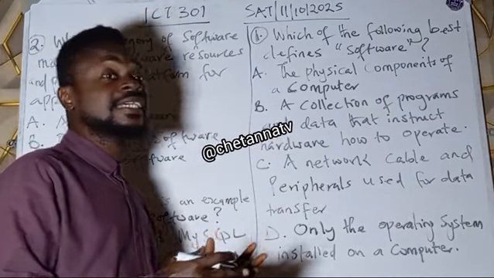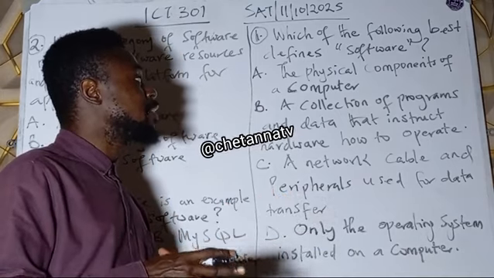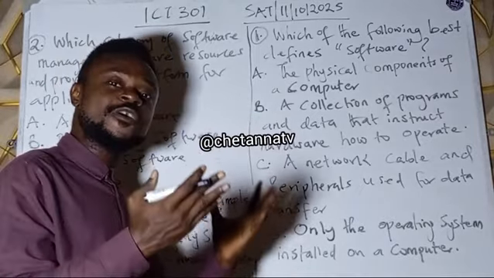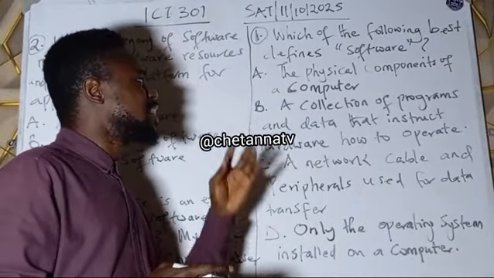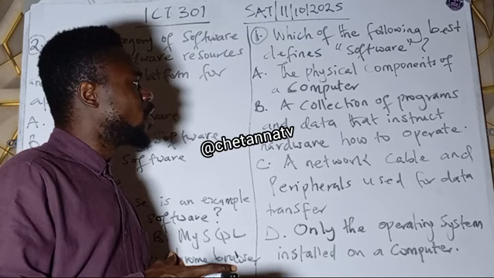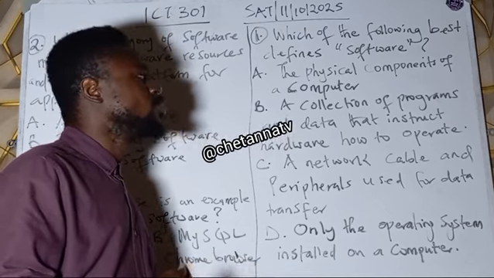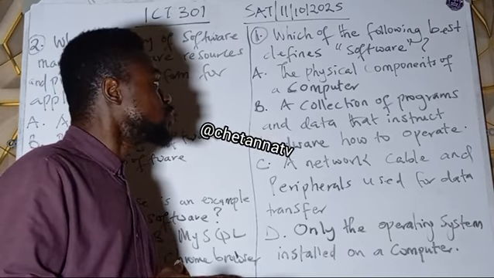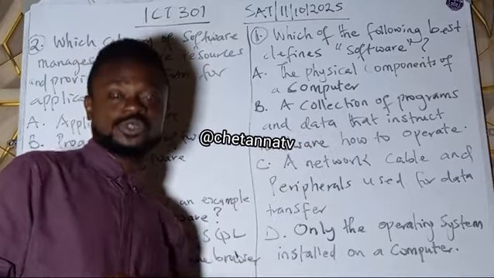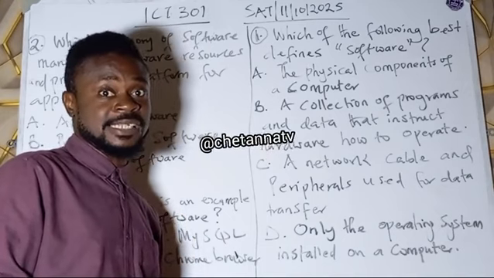Okay, basically, software is actually programs, a collection of programs, not just one, that helps in directing or instructing, or you can say controlling, whatever word you want to use, the hardware. It tells the hardware what to do and how to do it. Is that clear?